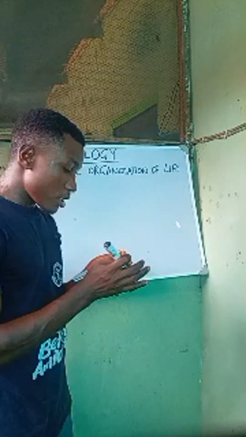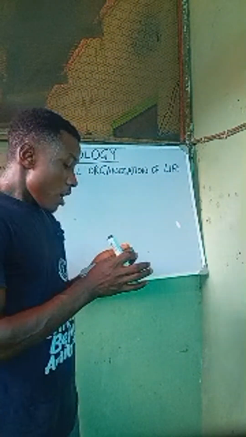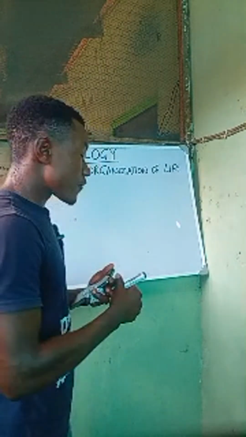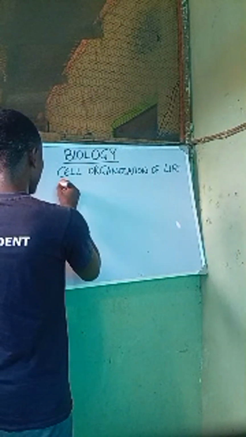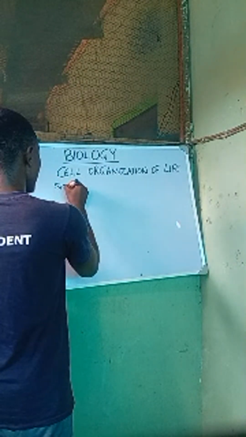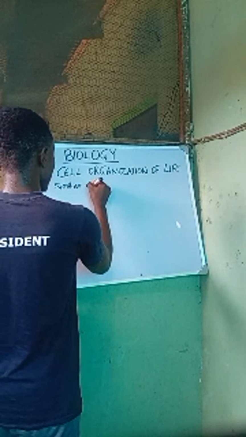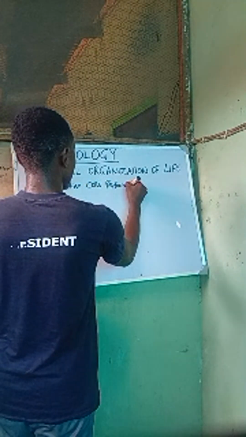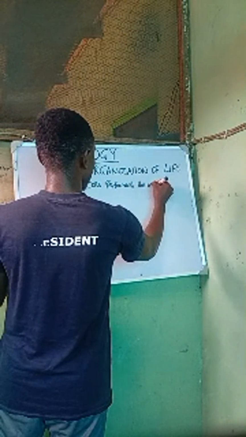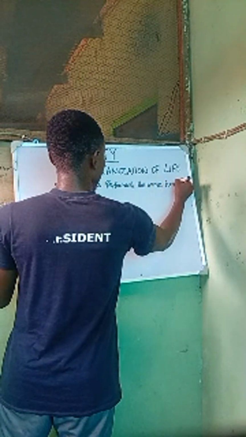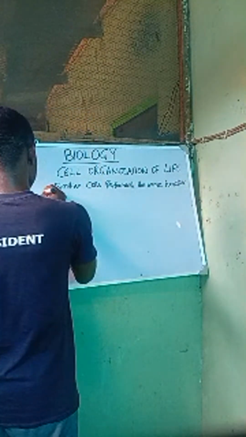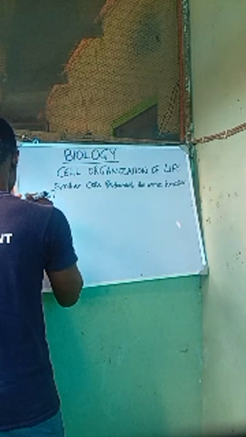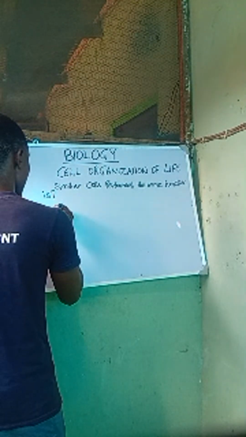The next question is: a group of similar cells performing the same function is? A, organ.